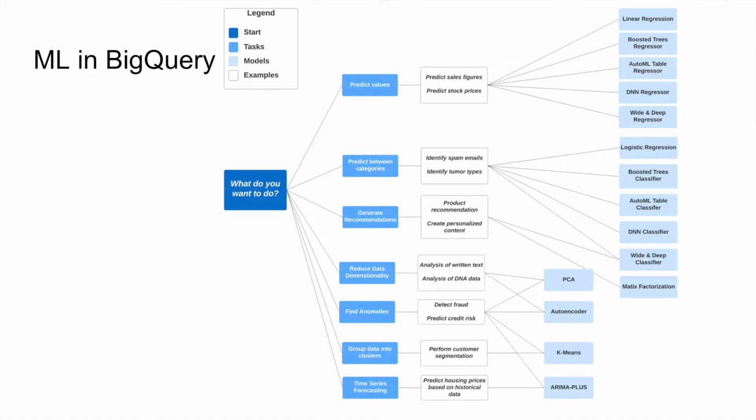If you want to perform some sort of customer segmentation, k-means is a good start. If you want to identify spam or basically predict between different categories, then logistic regression, boosted tree classifiers, and AutoML tables are good. You can always come back to this image, figure out the use case you are trying to solve, and choose the algorithms based upon that.